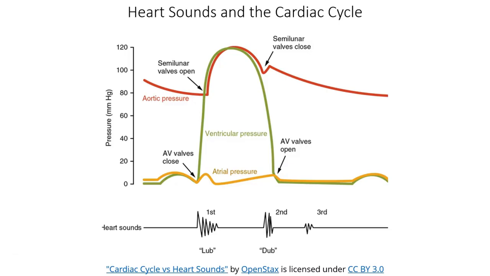So there is sometimes a third heart sound indicated over here on this graph. This is rarely heard in healthy individuals. This can be the sound of blood flowing backwards into the atria, or sloshing back and forth in the ventricle. So this is sometimes heard in younger individuals, so children, certain athletes, and pregnant women.